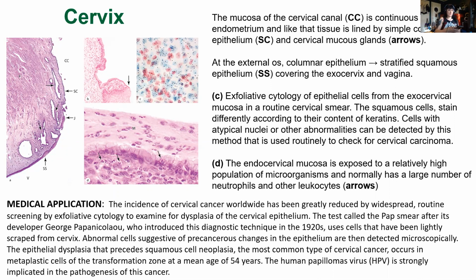A very small thing that looks like a mascara brush or a tiny toilet brush, a very small little bristly thing, is basically scraped across the exocervix to gather up these squames, and they are then stained and examined for abnormalities.